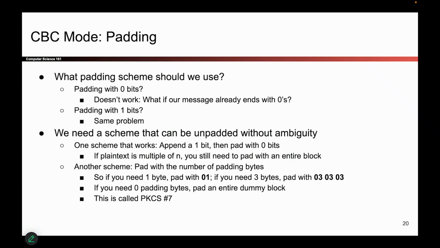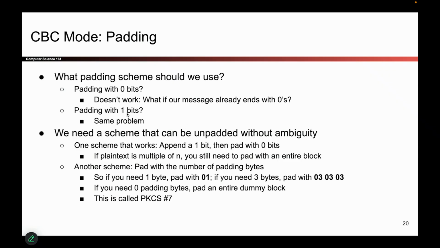Well, then when Bob decrypts the message, he has to remove the padding. How does he know where to chop off the zeros? What if he chops off too many zeros and now it says pay $1 instead of pay $100? That's not so good. So if the message ends in zeros and you also pad in zeros, it's not clear where the message ends and the padding begins. So it's ambiguous. We have a problem.